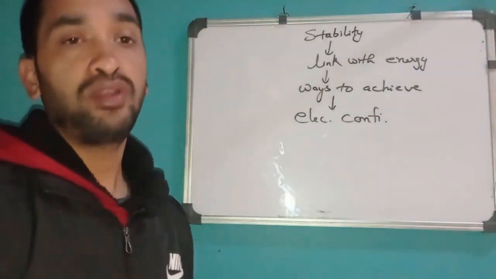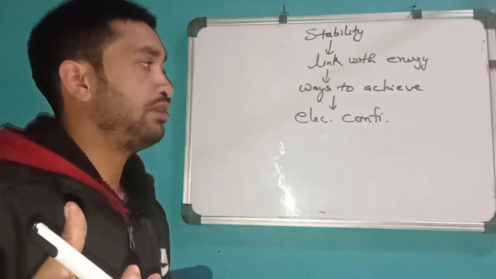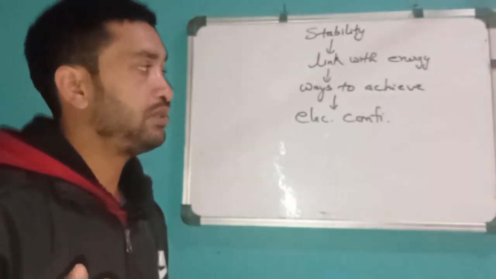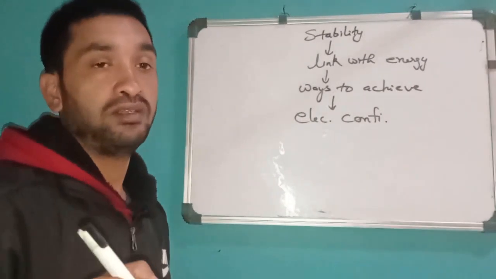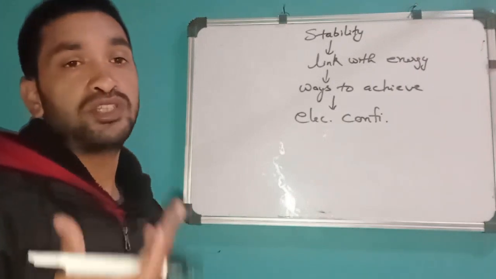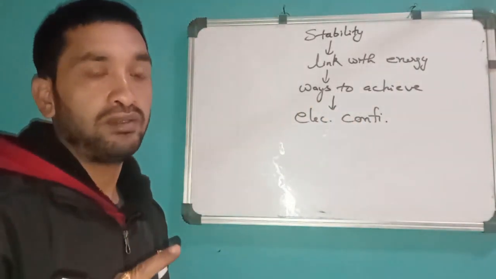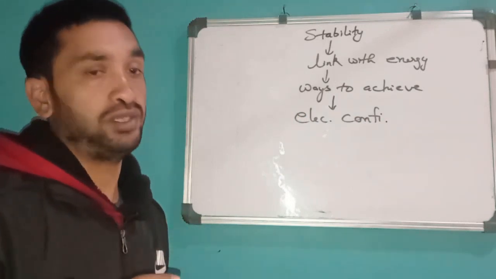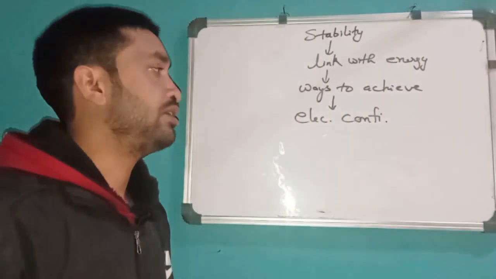What is the use of electronic configuration? If in the last shell other than K you get 8 electrons, then it's stable. If there is 1 electron in K, like hydrogen, again it is unstable. According to electronic configuration, if there are 2 electrons in the K shell, and the K shell is your valence shell, it's stable.